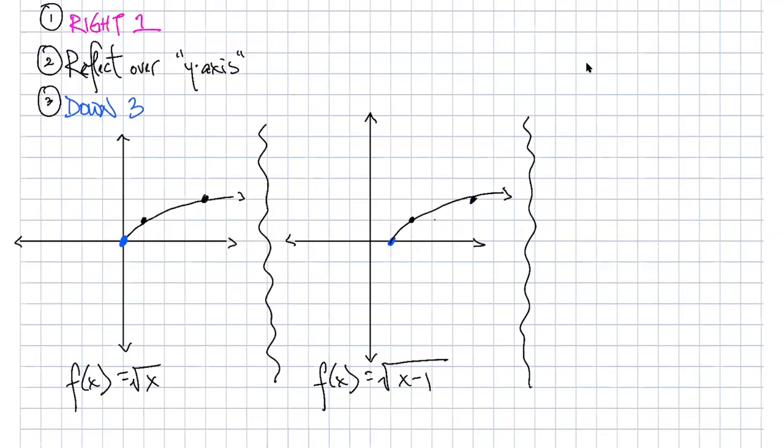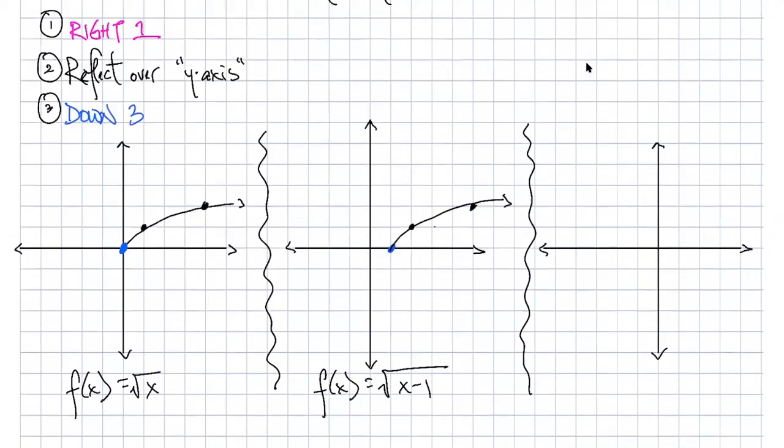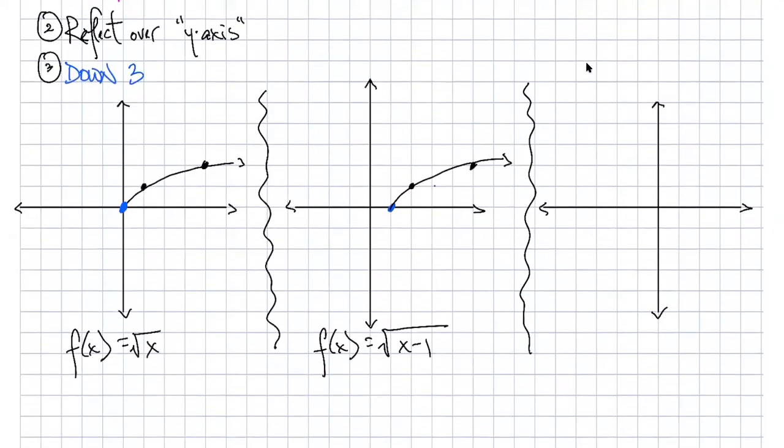All right, now we're going to reflect over that y-axis. That's going to give us f of x equals square root of negative x minus 1.